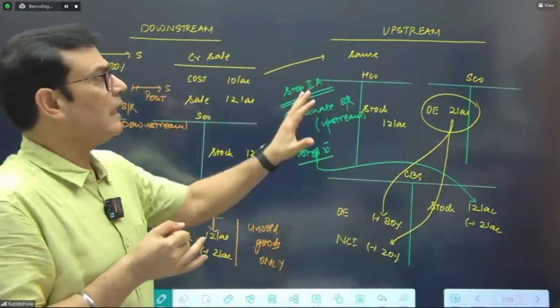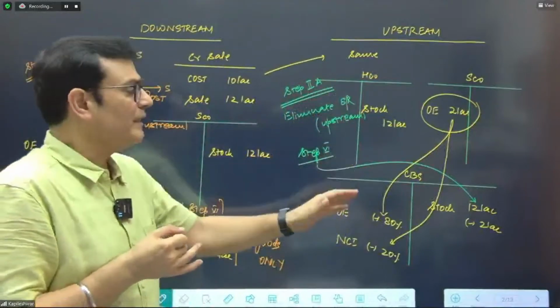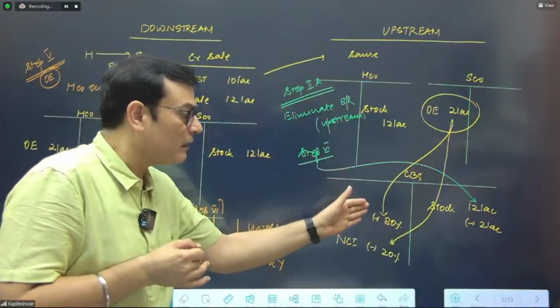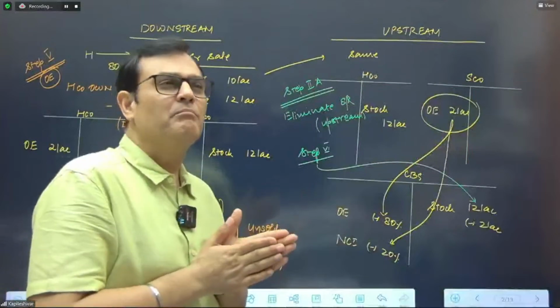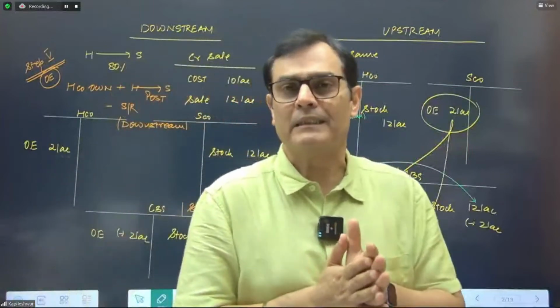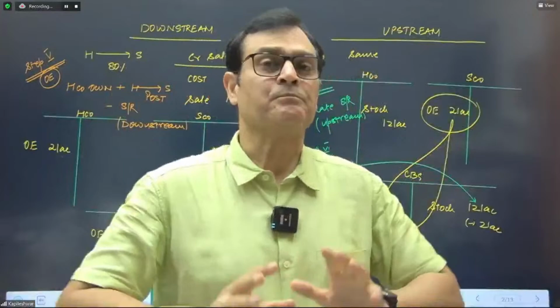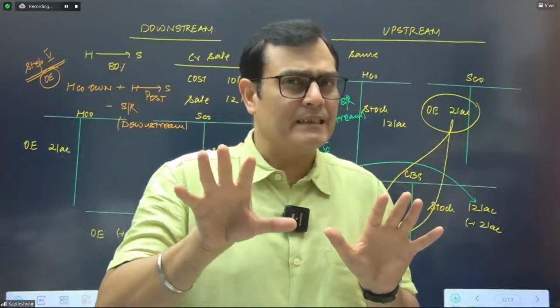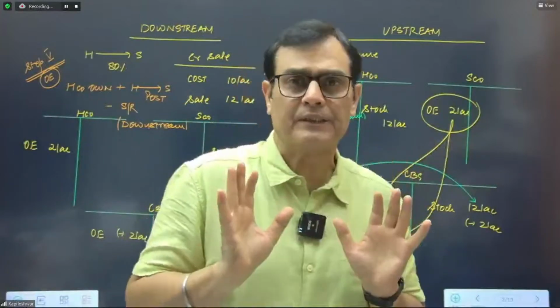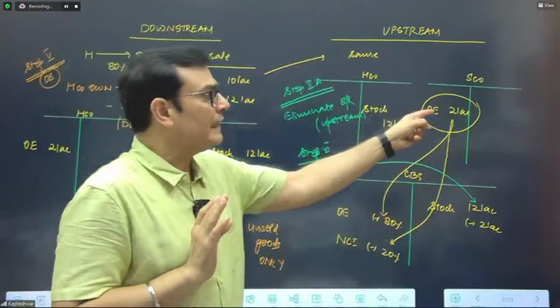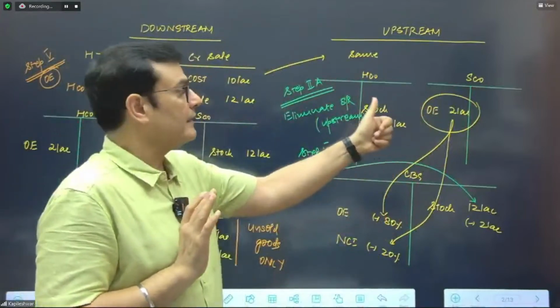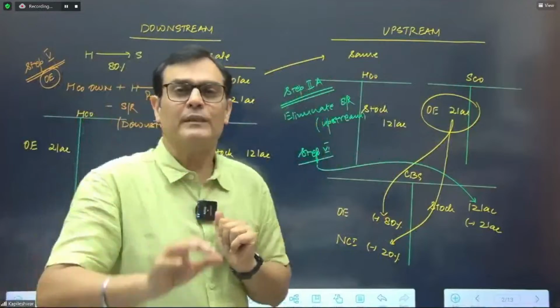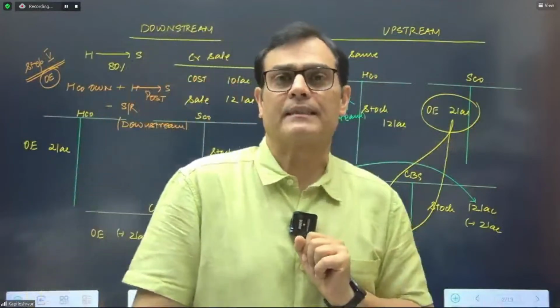But now, if it is upstream in nature, one way is that you eliminate the unrealized profits in the balance sheet by making a split in terms of parent and in terms of NCI. But I would say instead of this, the preferable treatment is that when you do the analysis of equity, that is in step number 2A, you eliminate this unrealized profit at that stage.